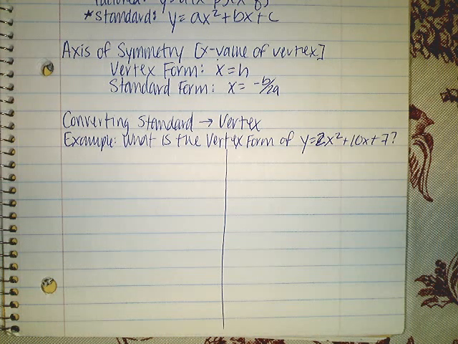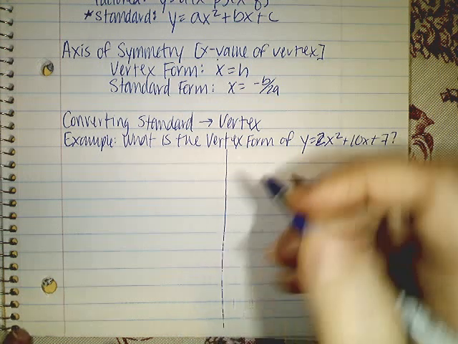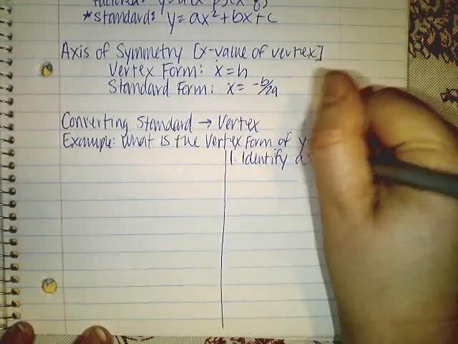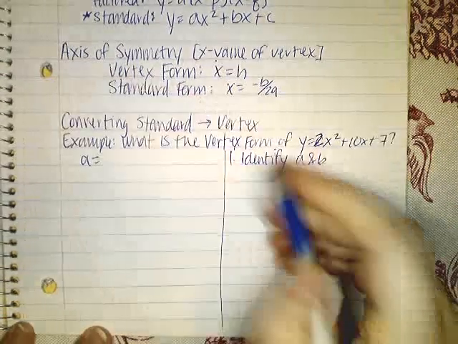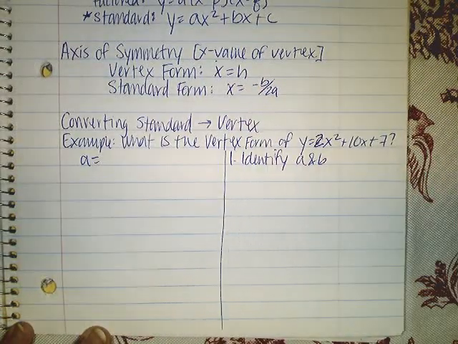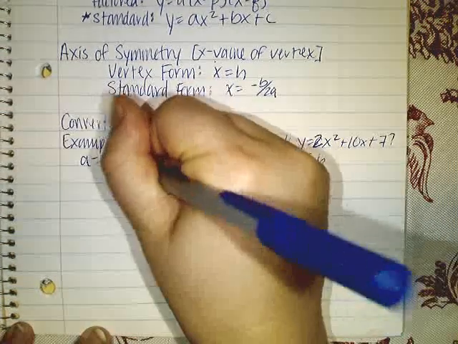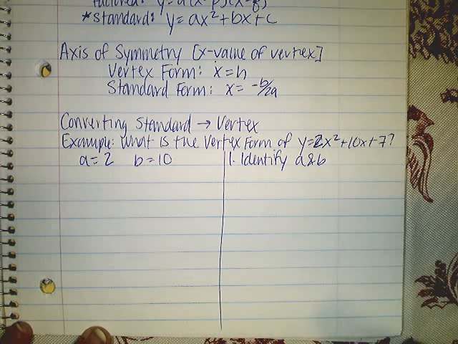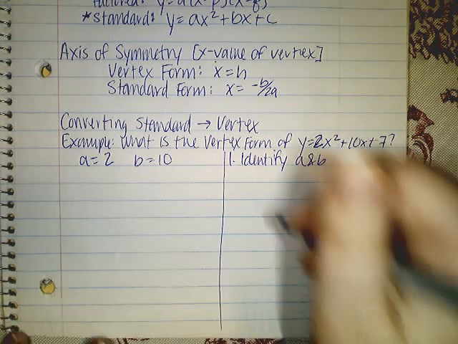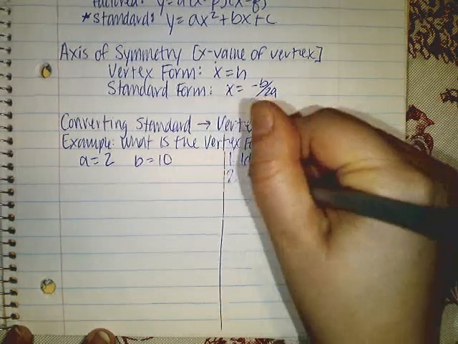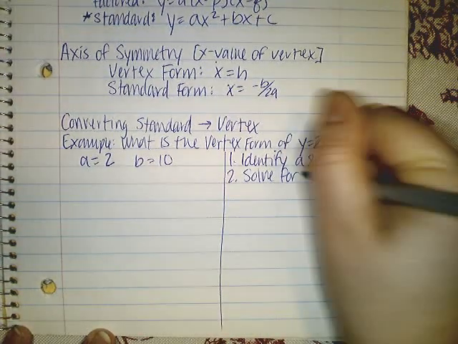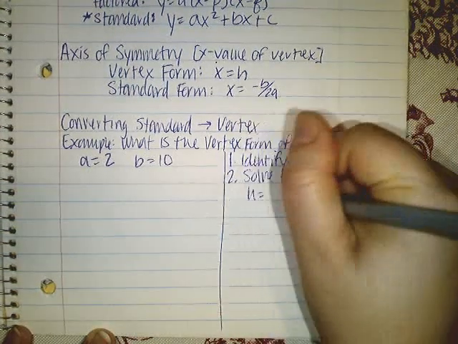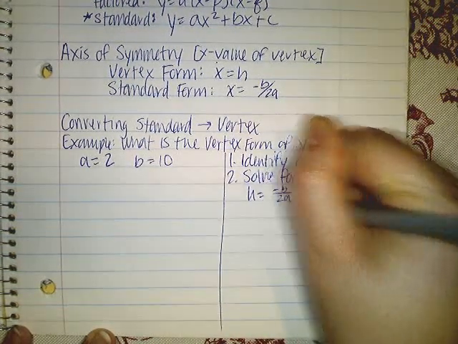The first thing I want to do here is identify a and b, because I need to use negative b over 2a. So a in this problem is 2, b is 10. Again, a is the coefficient of x squared, b is the coefficient of x. Then step 2, I'm going to solve for h using h equals negative b over 2a.